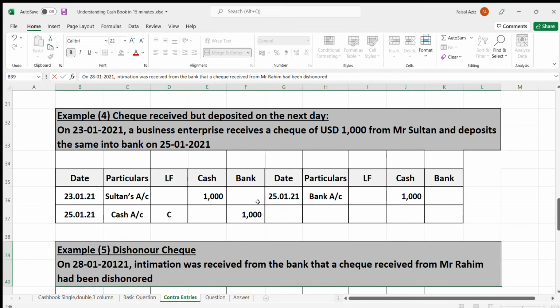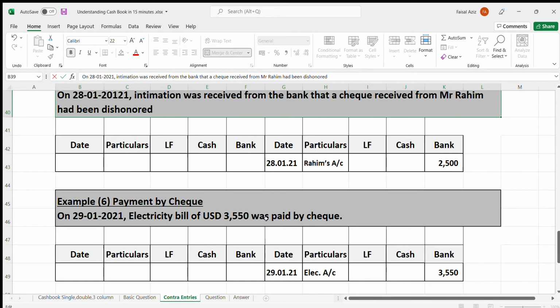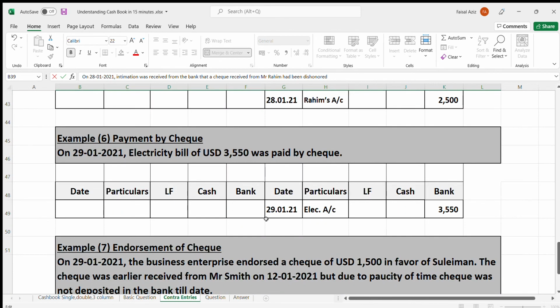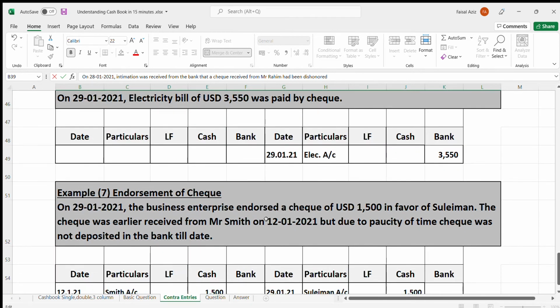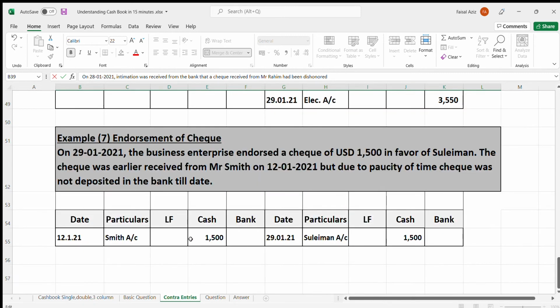Number two, whenever we withdraw cash from the bank for office use, a contra entry will come. So these are the reasons due to which we record contra entries. Payment through check or receipt or endorsing a check are not contra entries.